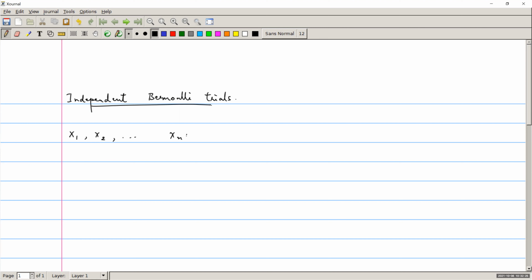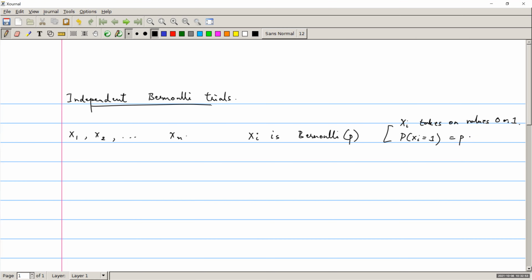Now we say each xi is Bernoulli p, which means xi takes on values 0 or 1, and the probability xi equals 1 is p.